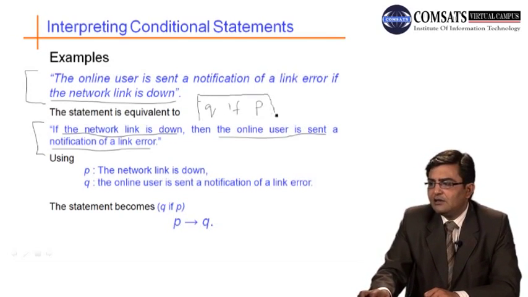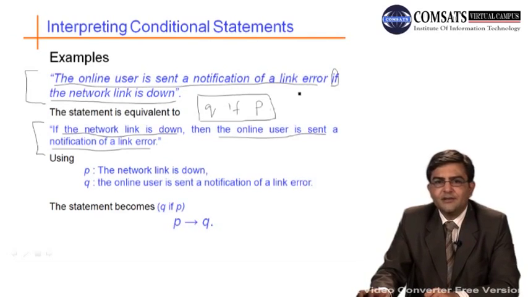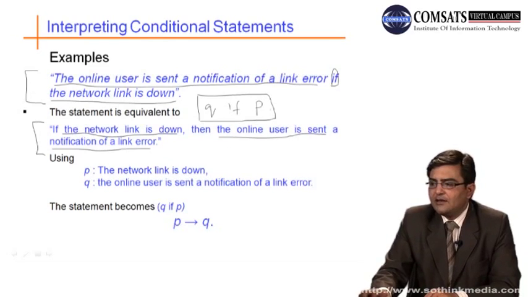If we have a statement of this form, Q if P, meaning the online user is sent a notification of a link error if the network link is down, because the hypothesis is given at the end after if, and the conclusion is given at the start in this statement. So a statement like this is also a conditional statement, which is of the form Q if P. We can write it as if P then Q.